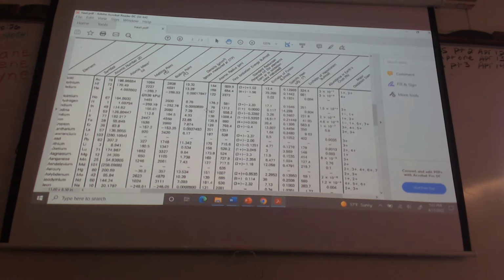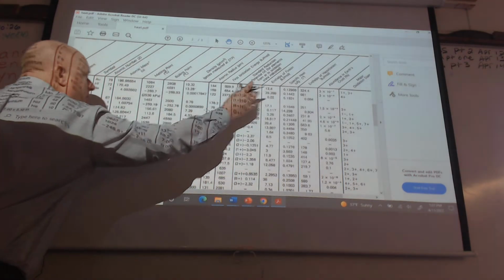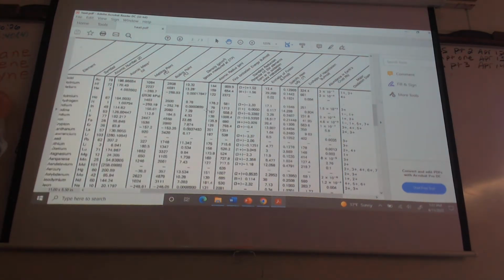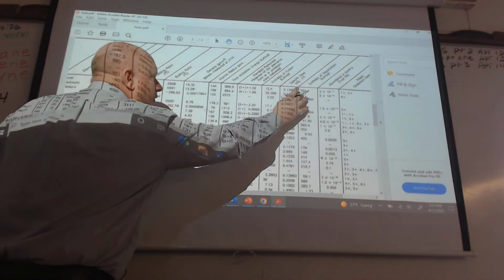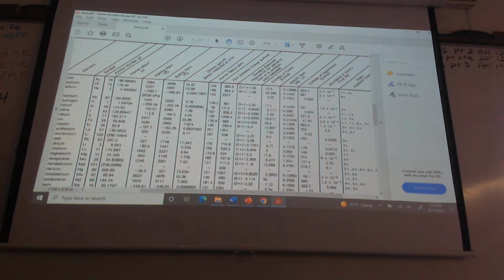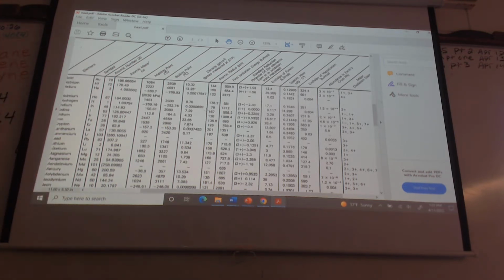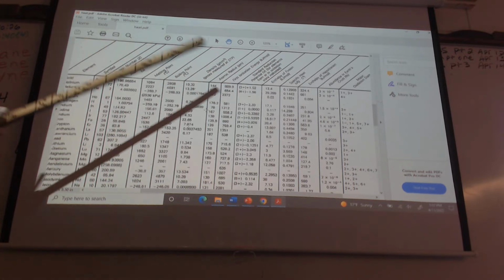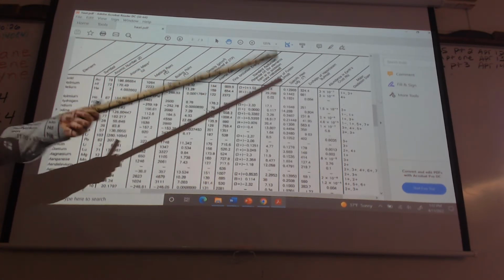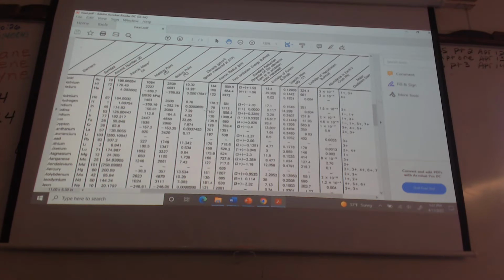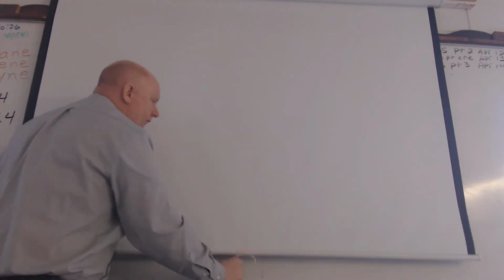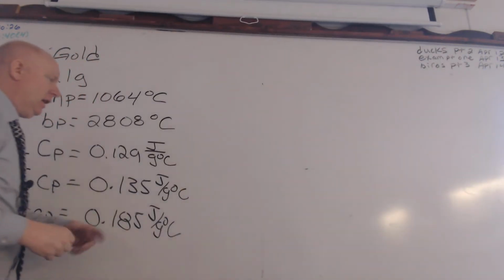Let me write these numbers down. We've got 12.4 and 324.4. Those are measured in kilojoules per mole. The reason we want to convert them is not only does it make more sense in that 5-step problem, but what are your specific heats measured in?